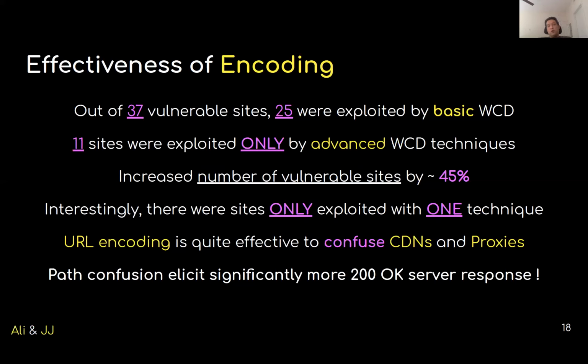It means we discovered an increased number of vulnerable sites by 45% by applying these 4 encoding techniques. More interestingly, we discovered some sites and a couple of domains that were exploited with only one of the techniques. It means URL encoding is quite effective to confuse different CDNs and cache proxies.